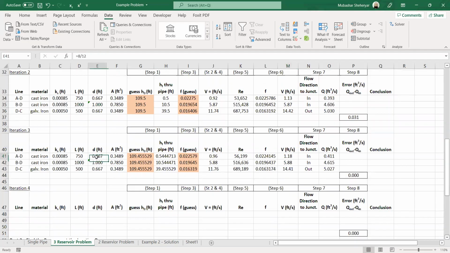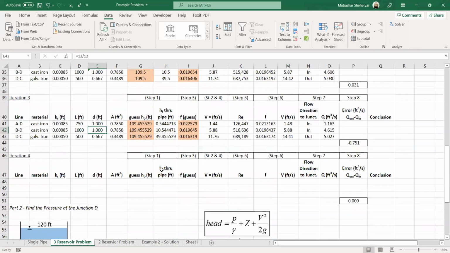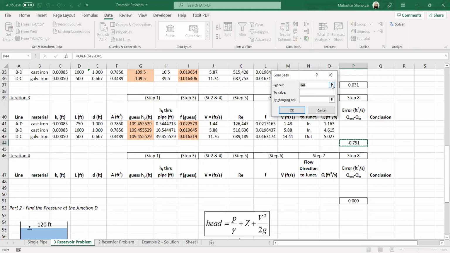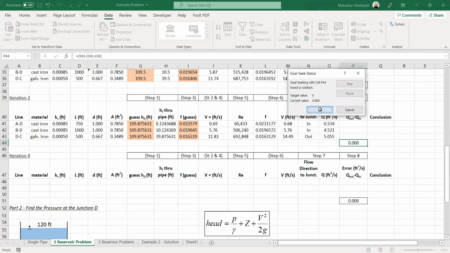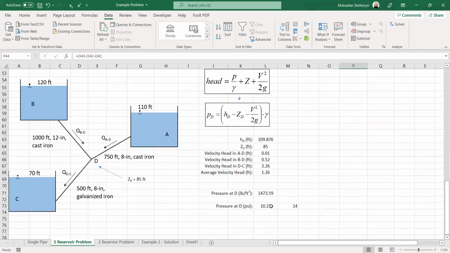So I will increase the diameter of this pipe and do the iteration again, making it zero by changing this value. The value increases a little bit.